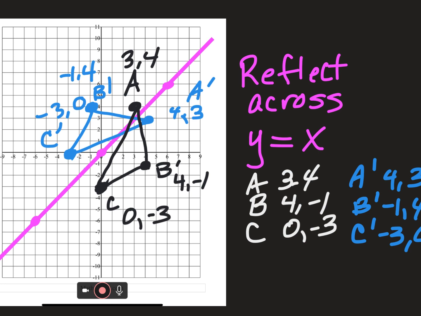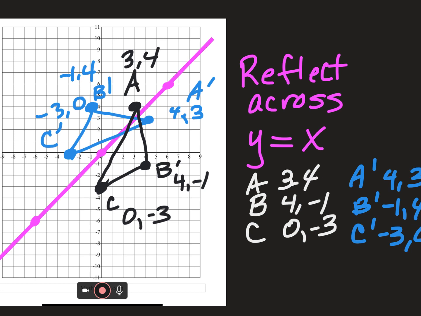Oh, that's a great question. So how do I know that's a reflection? If it were a rotation, it wouldn't look like a mirror image. See how C and C are backwards from each other? B and B are backwards from each other, and A and A are right across from each other, but they're backwards. A rotation won't look like that.